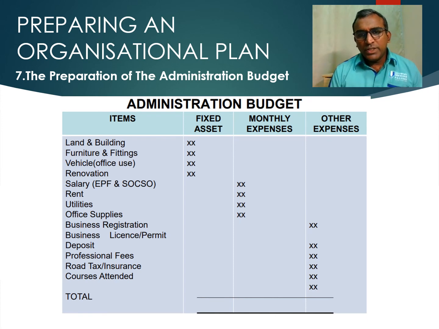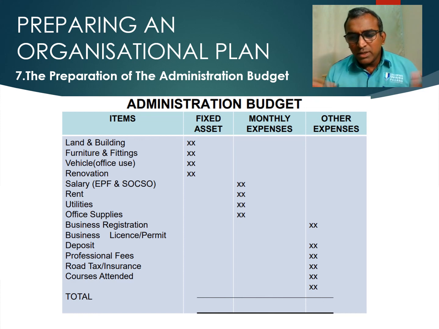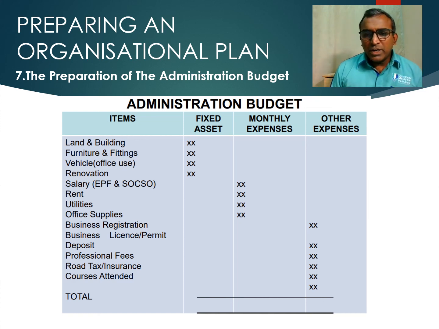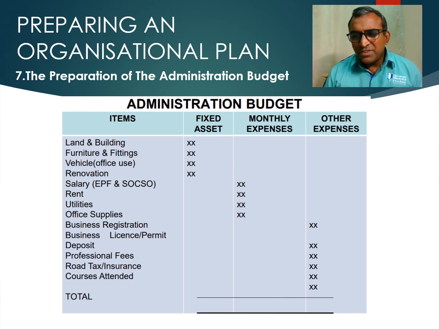So shown here is the admin budget. You have the major expenses on the fixed asset. That will be a big sum, but it's one-off. And then every month you need to see and also predict how long you need to have this admin budget. Is it 1 year, or is it going to be 6 months before you self-sustain?